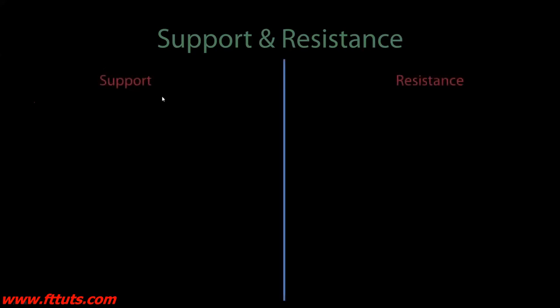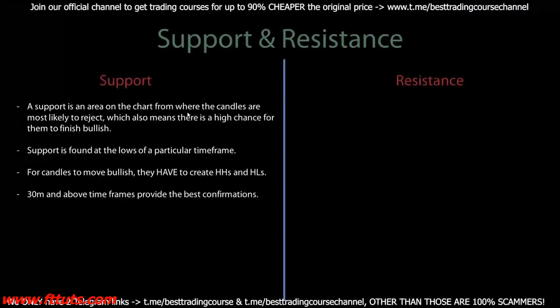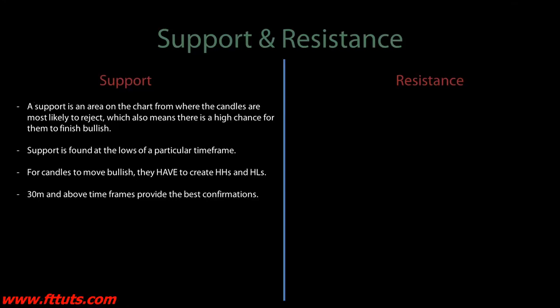So we're going to divide this into two columns here, support and resistance, right? Support is an area on the chart from where the candles are most likely to reject, which also means there's a higher chance for them to finish bullish. Right now, if you remember, we talked about time frames, right? We talked about how the 15-minute and the 5-minute is a weak time frame.